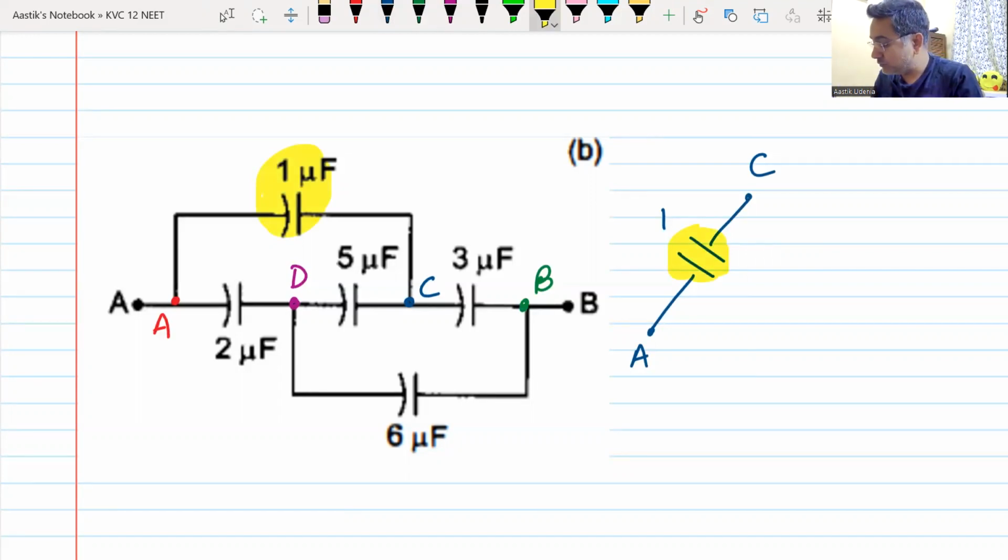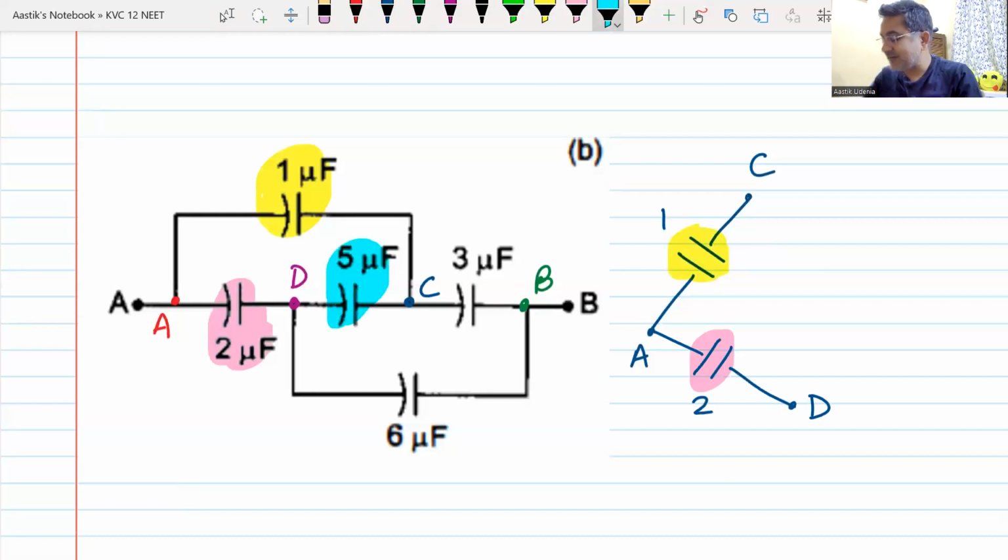Now I go to D and I see a pink capacitor between A and D. So I draw point D and that pink capacitor, and its value is 2. Then I see a blue capacitor between C and D, that is 5 microfarad.